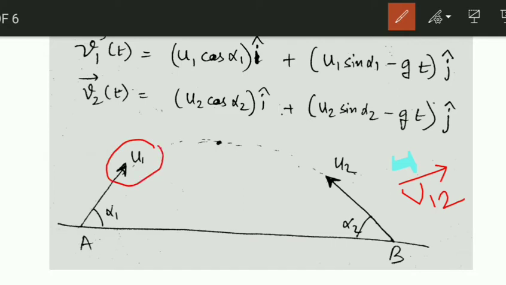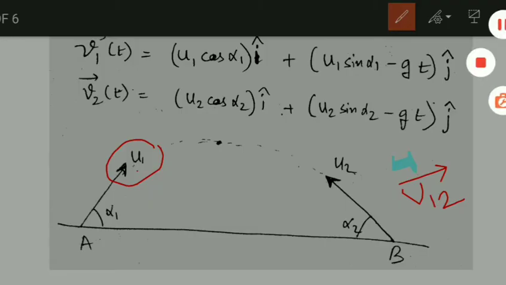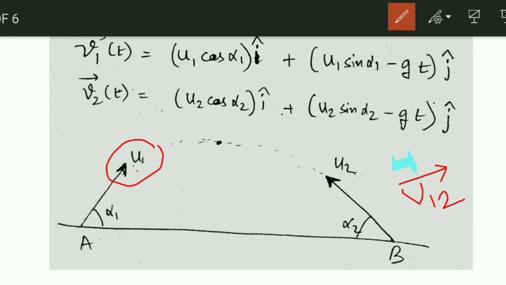So velocity of 1 with respect to 2, that is relative velocity, u12. Now suppose we are assuming this observer is at rest. That is exactly what we do in case of relative velocity. That means this observer is observing the velocity of u1 while being at rest.